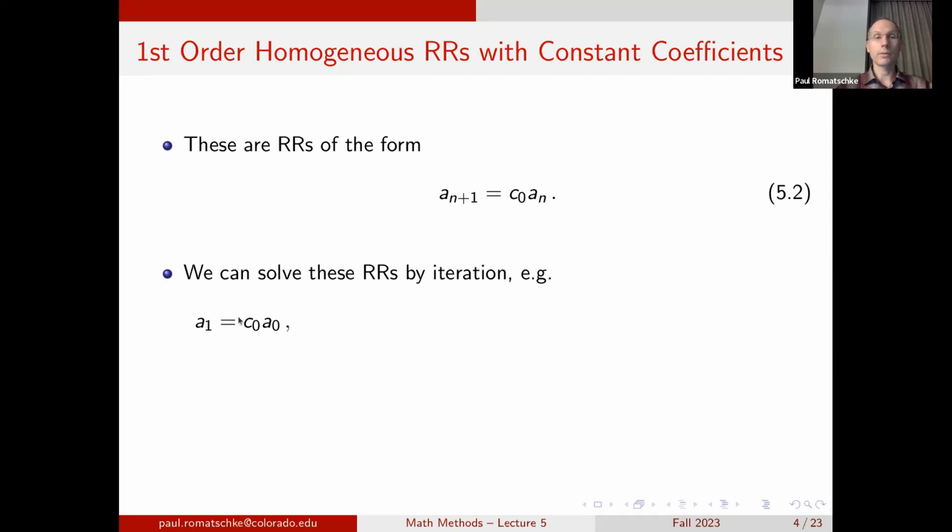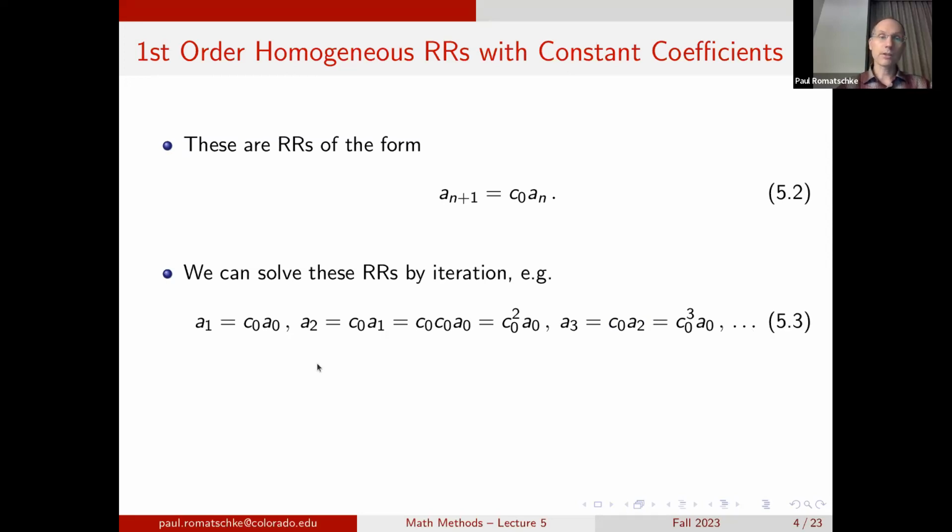So we start out by writing out a_1, so the original equation evaluated for n is 0: a_1 is equal to C_0 times a_0. Then for n is 1, we have a_2 is C_0 times a_1, but we know that a_1 is equal to C_0 a_0, so we get C_0 C_0 a_0, or C_0 squared a_0. For a_3, we have C_0 a_2, but a_2 is C_0 squared a_0, so this is equal to C_0 cubed a_0.